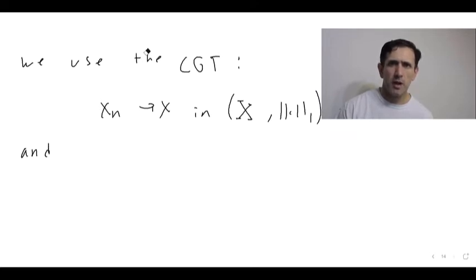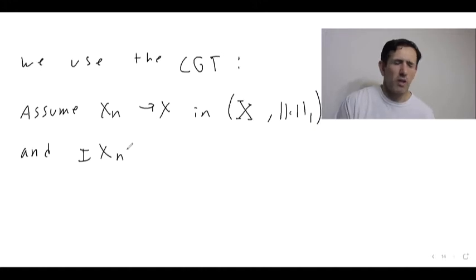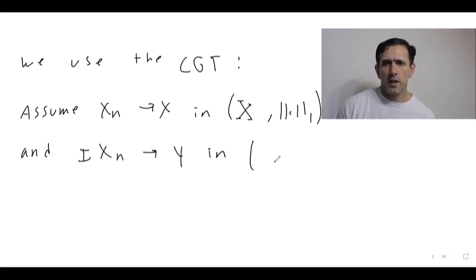Assuming we don't even know what I is, because we're trying to prove I is bounded, we can assume Ixn converges to y in this norm here, the 2 norm.